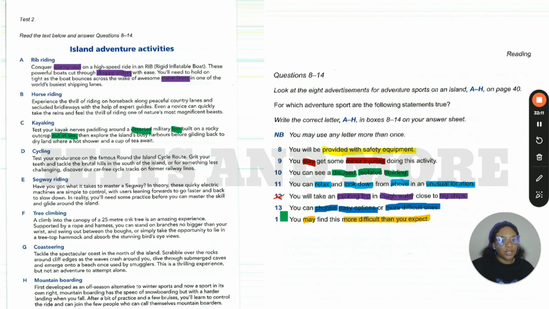Now another thing I want to mention, people make this mistake a lot. When it's time to fill their answer sheets, remember that the first one we answered was number 12. On your answer sheet, you don't go and fill the A for number 8, because we've not yet gotten the answer to number 8. We've only gotten the answer to number 12, and now we just got the answer to number 10. So because it's random, you're going to be filling it in randomly as well. It's not going to follow the same order of filling from number 8 to 14.